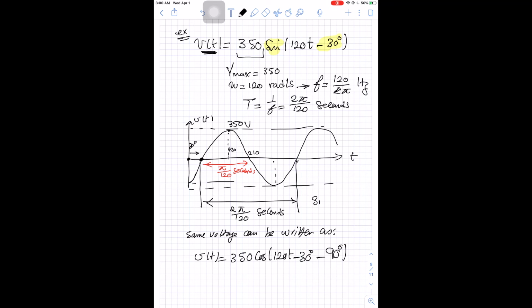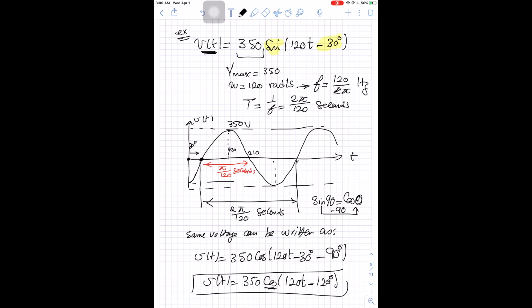Again, why? We know that sine 90 is 1 and the cos 0 is 1. So to move from sine to cos, we subtract 90. So V of t equals 350 cos(120t - 120 degree).